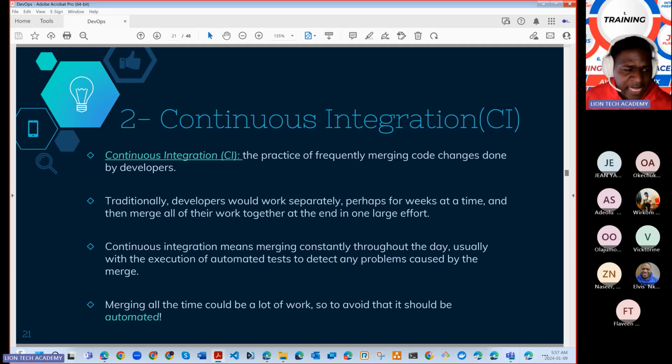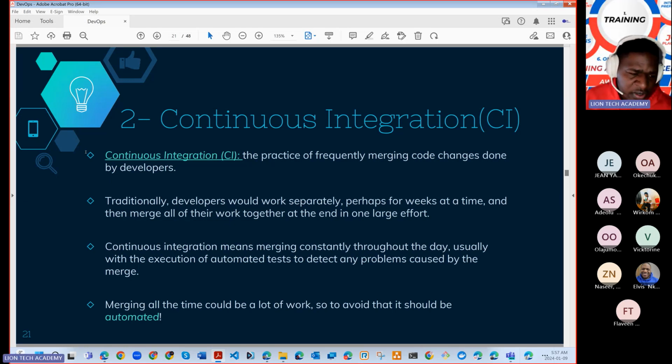Now, in the traditional approach before DevOps, assume we are working on an application, and our developers have to develop the payment system of that application, the user account system, and probably the authentication system. Those are three features: users, authentication, and the payment system.